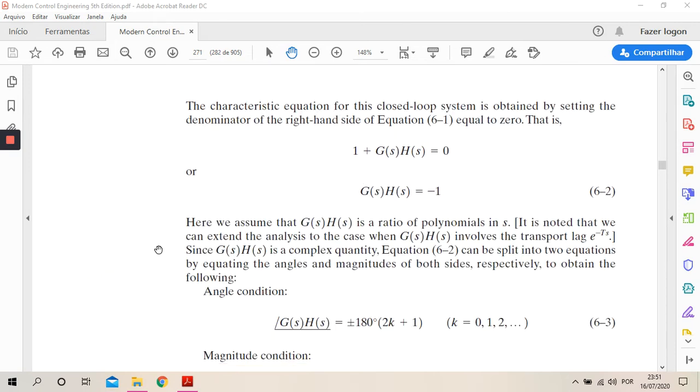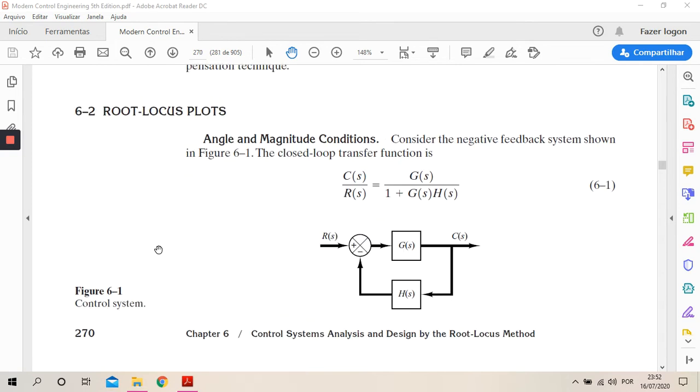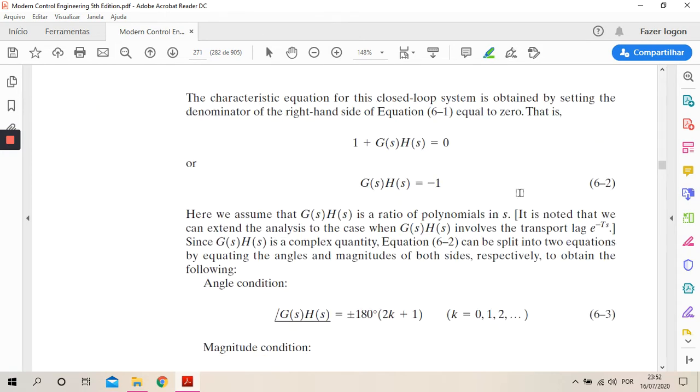The characteristic equation for this closed loop system is obtained by setting the denominator of the right-hand side of equation 6-1 equal to 0. Here we have the characteristic equation, and we are going to set the denominator only to 0.